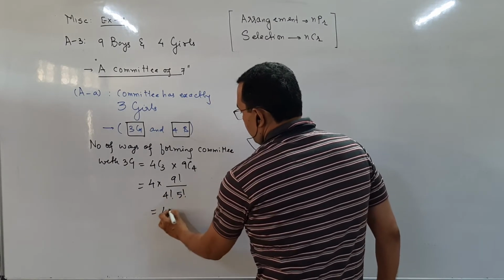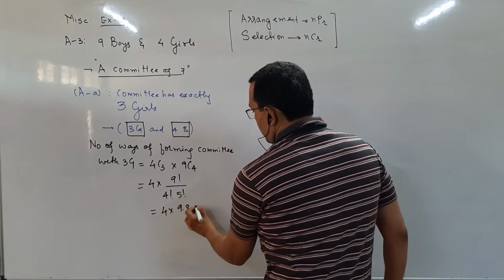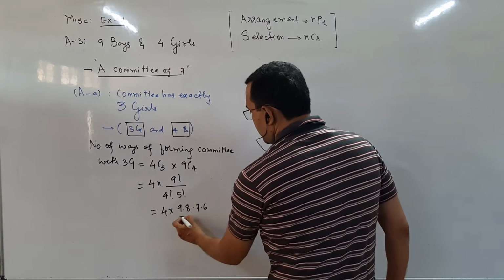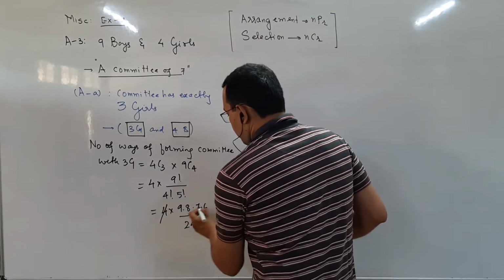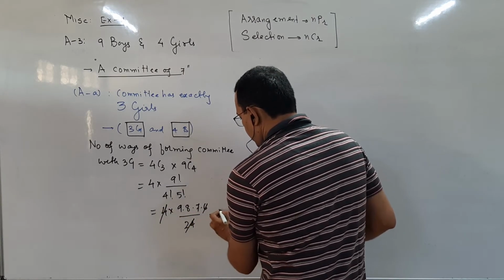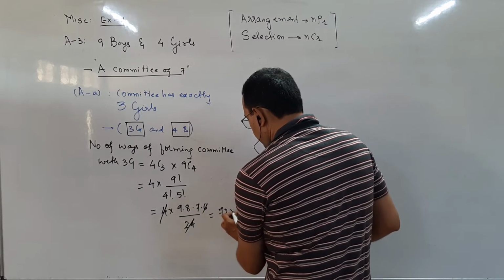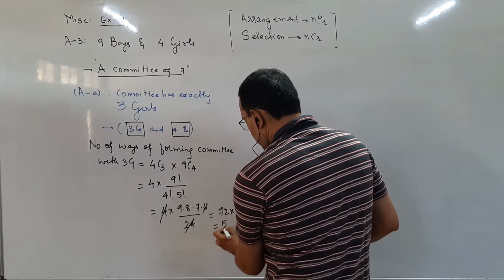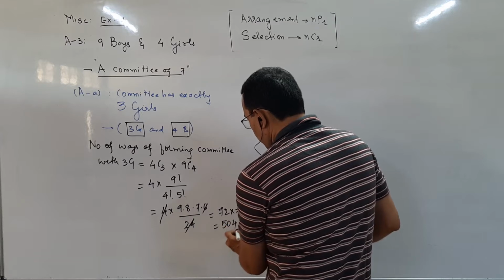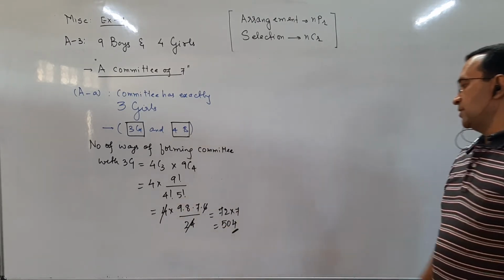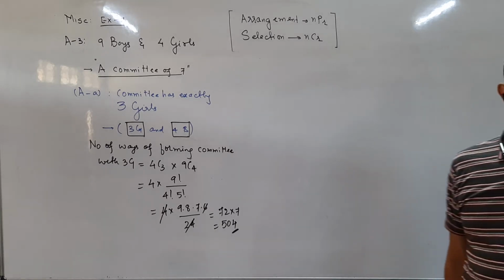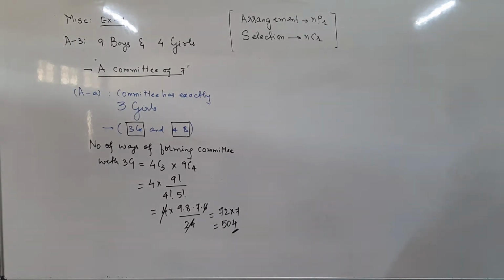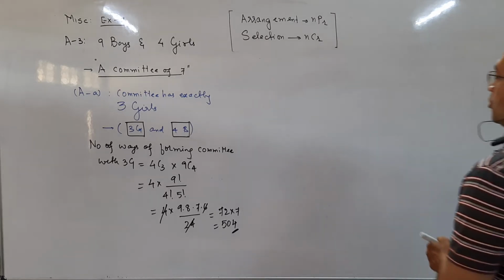So this will be 4 into 9 into 8 into 7 into 6 upon 24. This 24 and 24 get cancelled. 9 into 8 is 72 into 7. So the answer is 504. So in how many ways can the committee be formed having exactly 3 girls? Answer is 504.